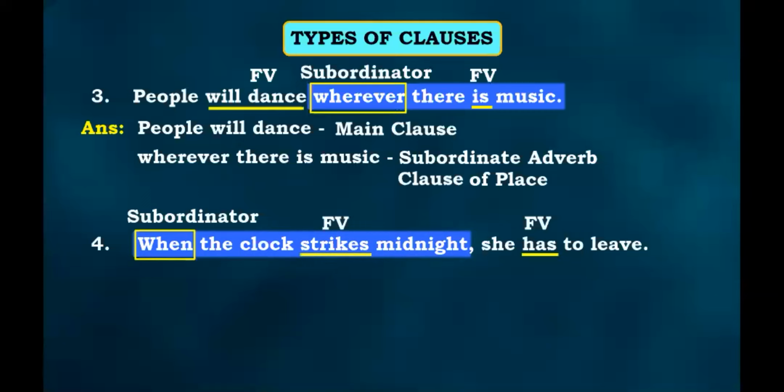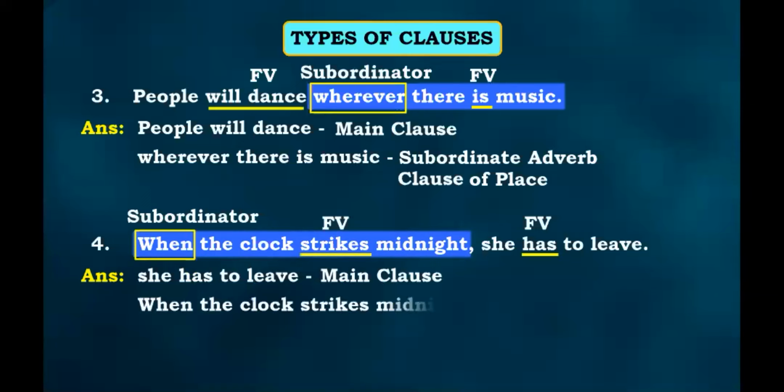तो अभी हमारा main clause है, she has to leave is main clause. When the clock strikes midnight is the subordinate clause. Now, what is the question that you ask? Where does she have to leave? What does she have to leave? Which she has to leave?